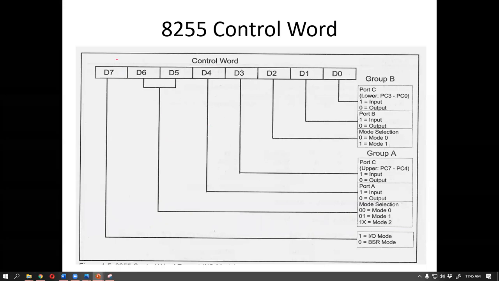This control word, suppose your code is 1, 0, 1, 1, 0, 1, 1, 0. Now how does it work? How does it work? If your code is this, can you explain?